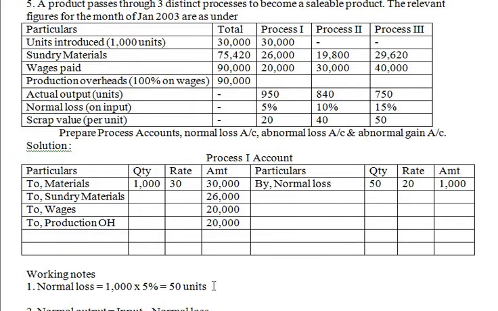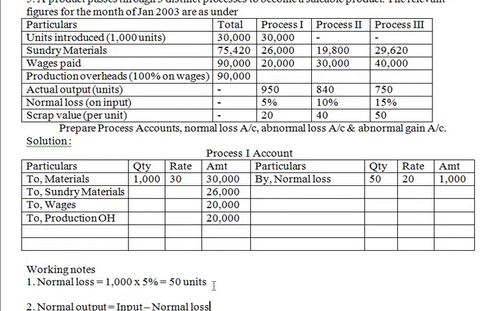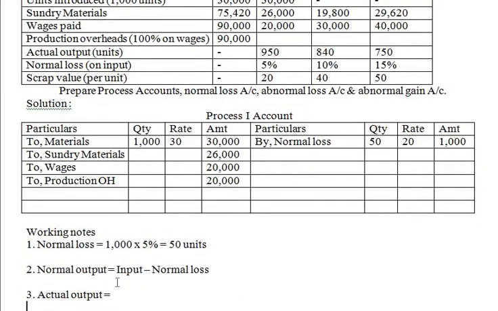So next is they have given actual output. Actual output means there is abnormal loss or gain. So we need to find out first normal output. So it is input minus normal loss, which is equal to 950 units. Now actual output of process 1 is given.